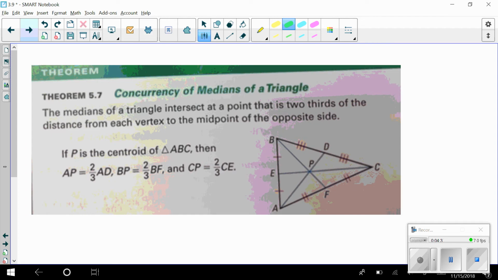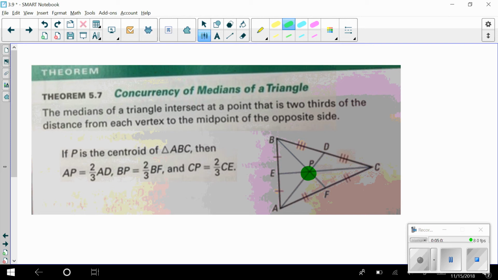Here's a diagram that you have on your note sheets that may help that. And so this is a theorem, it's been proven. The medians of a triangle intersect at a point, P, that is 2/3, this is just another way of saying our conjecture, that is 2/3 the distance from each vertex to the midpoint of the opposite side.